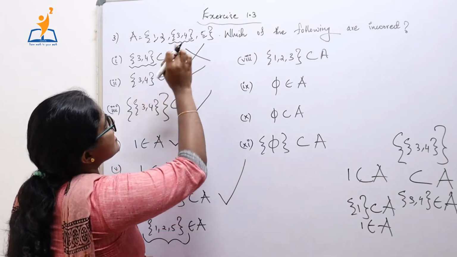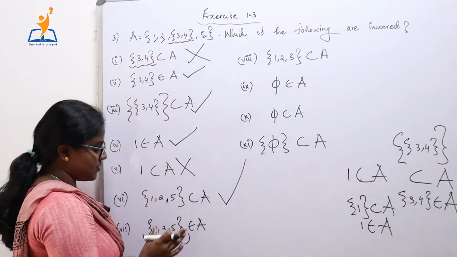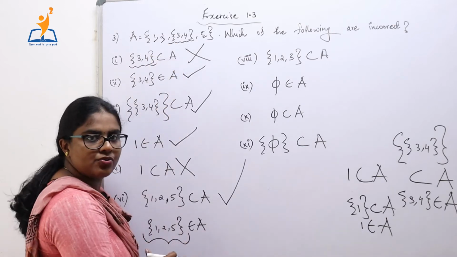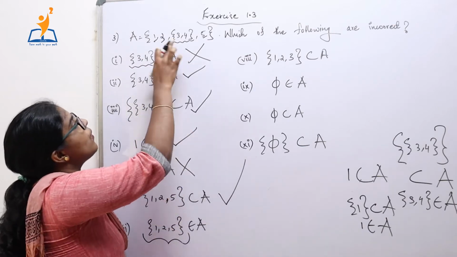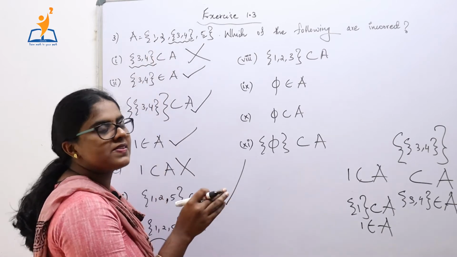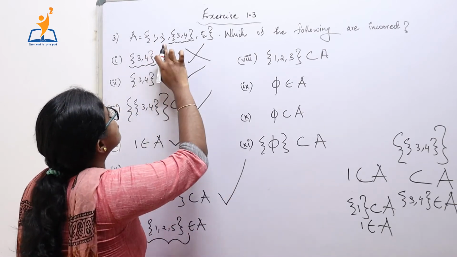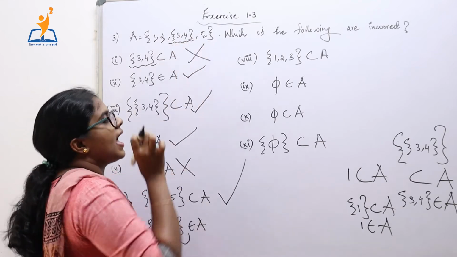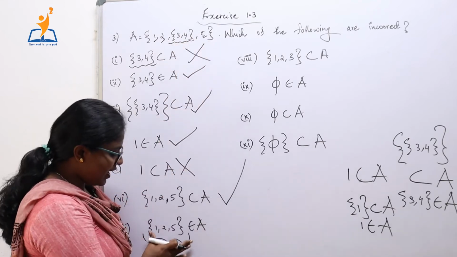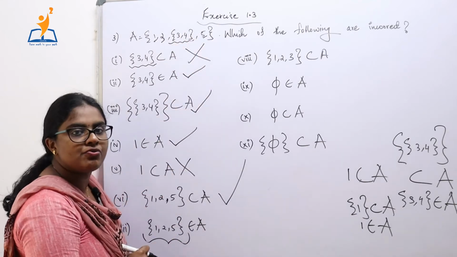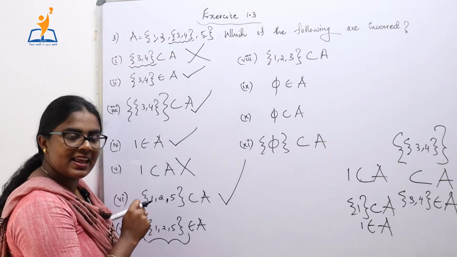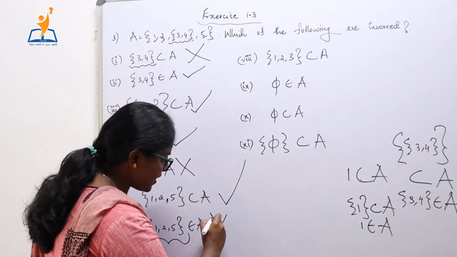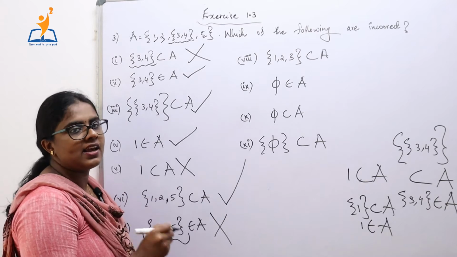And look into our set A. Does this set possess an element {1, 2, 5}? No. The only 4 elements of the set A are 1, 2, {3, 4} and 5, and this particular element, that is {1, 2, 5}, is not present in A, which means this particular statement is incorrect or false.